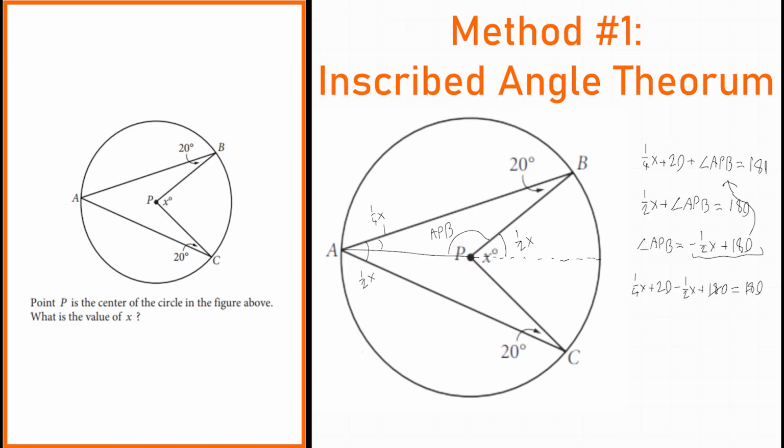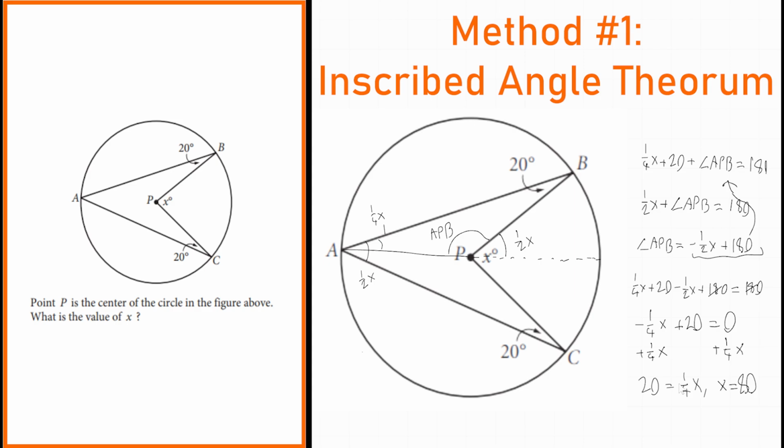Of course, this 180 and 180 can cancel out, and then this 1/4 X and 1/2 X can simplify to negative 1/4 X plus 20 equals 0. We can add 1/4 X to both sides, and we'll end up with 20 equals 1/4 X. Multiply both sides by 4, and we get X equals 80 degrees.